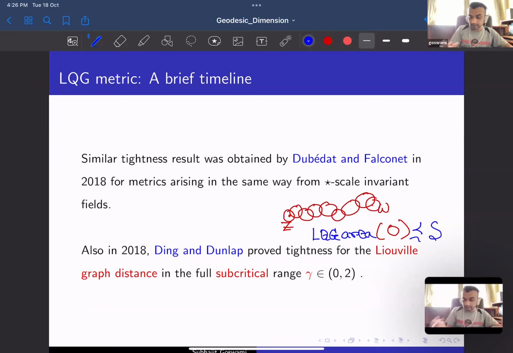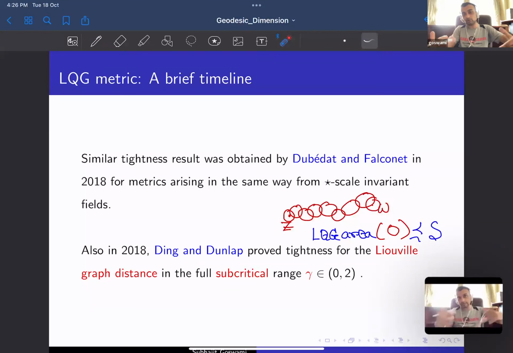Delta is again analogous to this threshold parameter epsilon. And what you do is look at the minimum number of balls of area at most delta with which you can cover a path between Z and W.